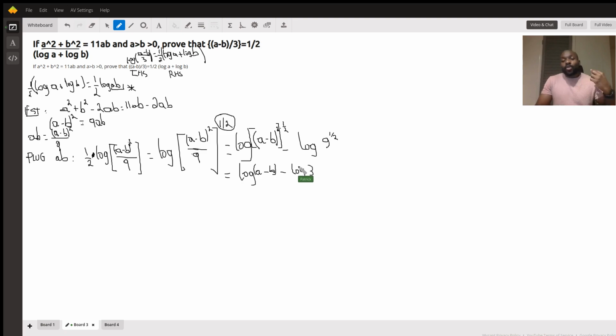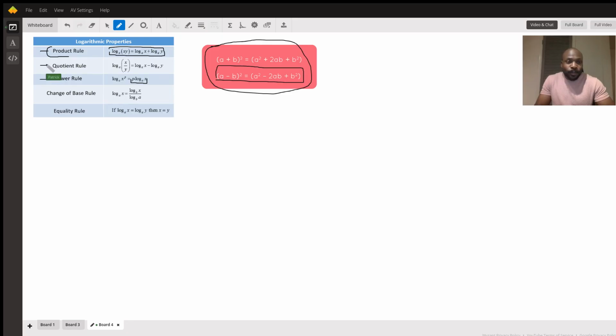And we can use log properties for the final time. This is the difference between two logs, and the difference between two logs, if you remember, is the log of a quotient, right here.